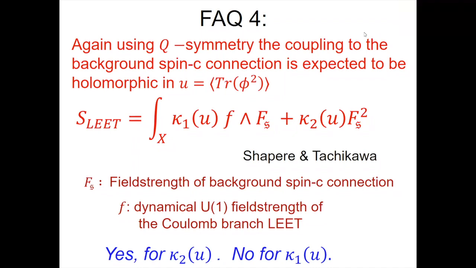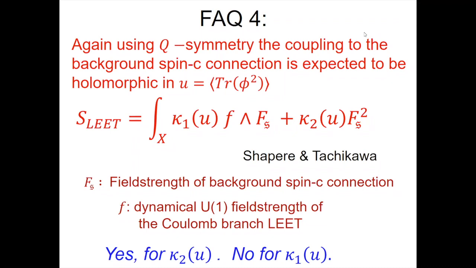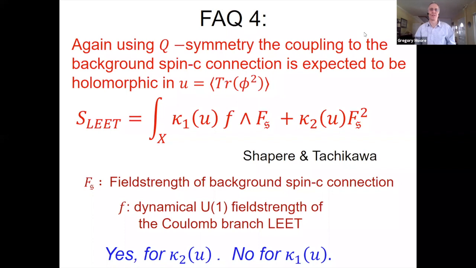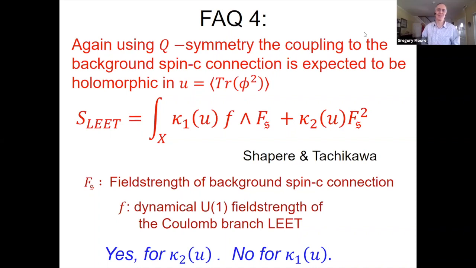This F sub S is just some background spin-c connection. So does it involve gravity or not? Is it a question in rigid supersymmetry? This is a question about the low energy effective action when I'm coupling to external gauge fields. So just by rigid supersymmetry, you say it has to be holomorphic. You don't need supergravity. I didn't say that. I'm asking. This is a question.